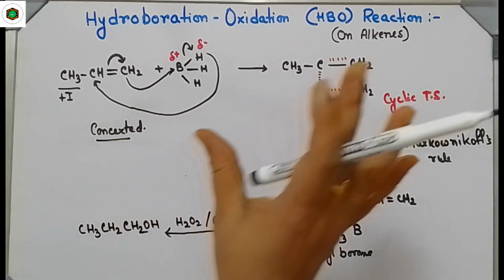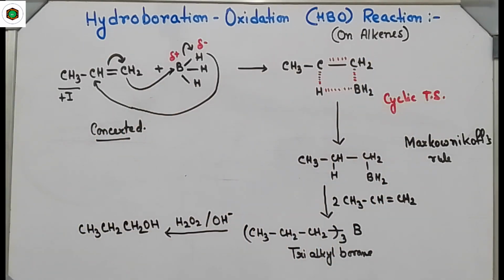addition of water, meaning hydration, is taking place here, but see, the final product looks like an anti-Markovnikov addition of water, where OH attaches to the carbon which is least substituted, and H is attached to the carbon which is more substituted.